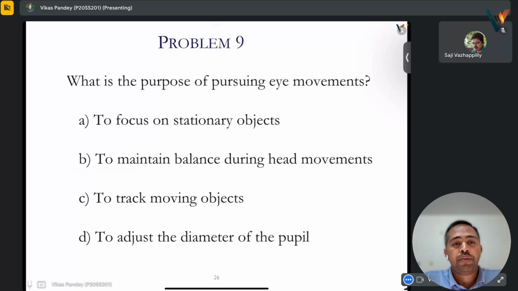What is the purpose of pursuit eye movements? To focus on stationary objects, to maintain balance during head movements, to track moving objects, to adjust the diameter of the pupil.